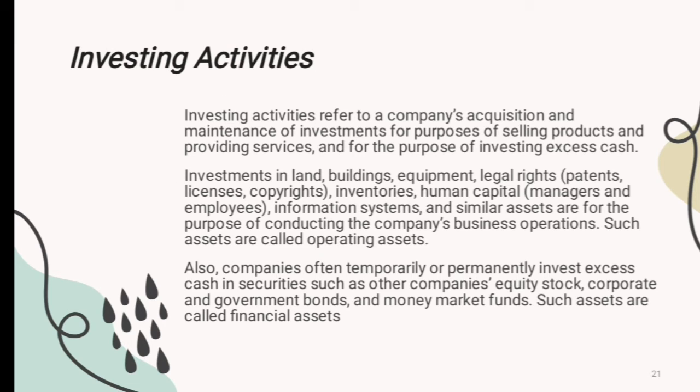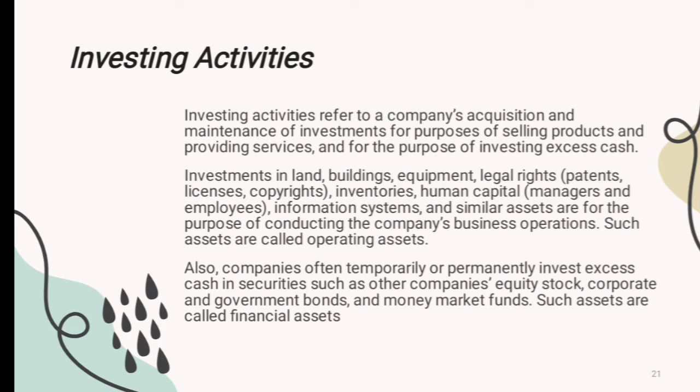And then investing activities. Investing activities refer to a company's acquisition and maintenance of investments for the purpose of selling products and providing services, and for the purpose of investing excess cash. Investments in land, buildings, equipment, legal rights like patents, licenses, and copyrights, inventories, human capital, information systems, and similar assets are for the purpose of conducting the company's business operations, and such assets are called operating assets.